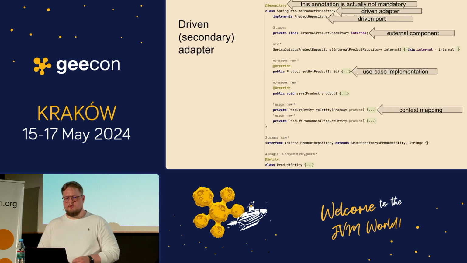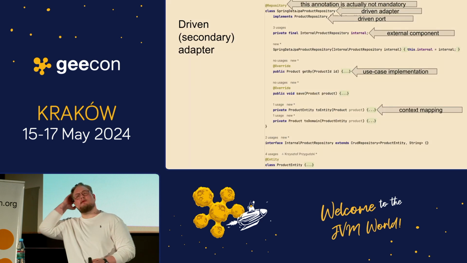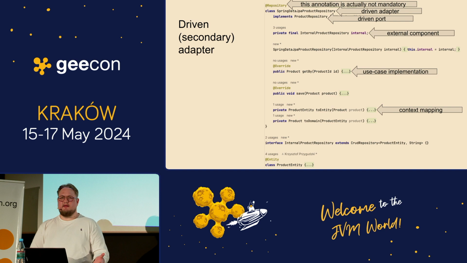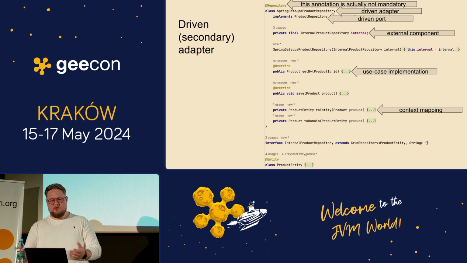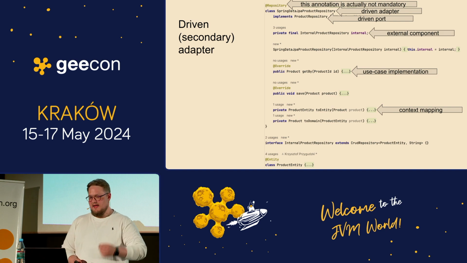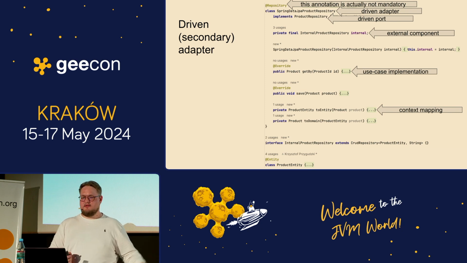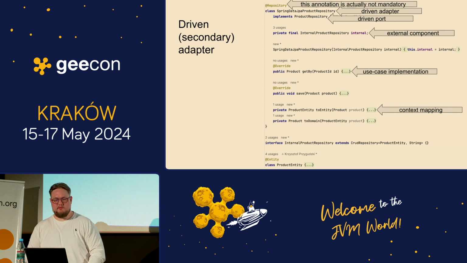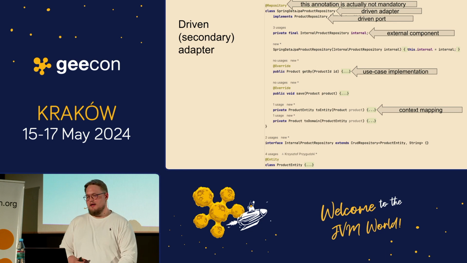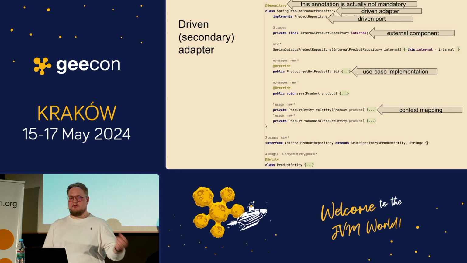In this code example, this is Spring Data JPA, so obviously we have an interface. Here the Spring Data JPA product repository is the driven adapter. It implements the product repository, which is the driven port. We have this external component, the internal product repository.